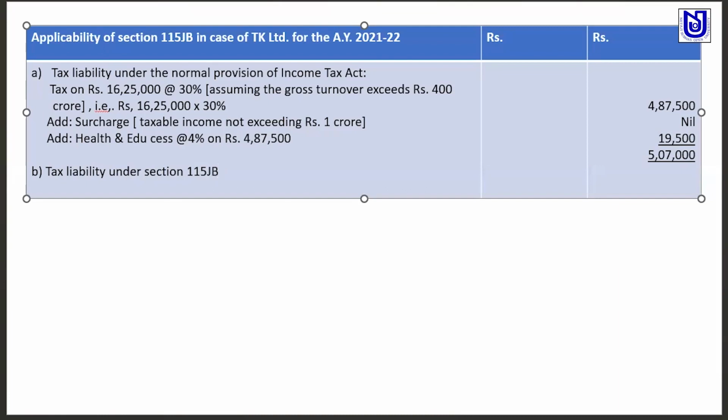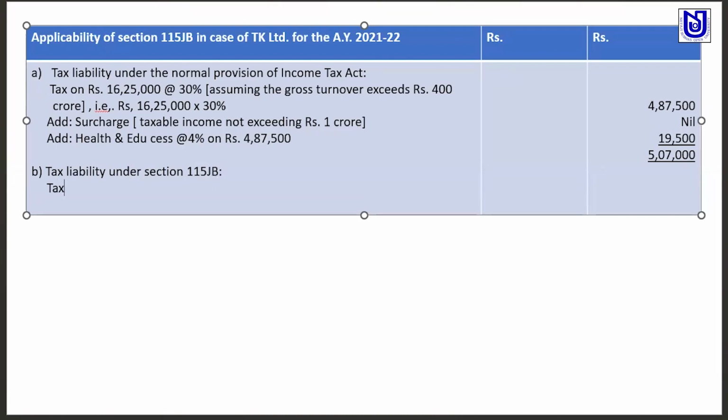Now B, tax liability under section 115JB: tax on book profit at the rate of 15%. What was the book profit that we computed?